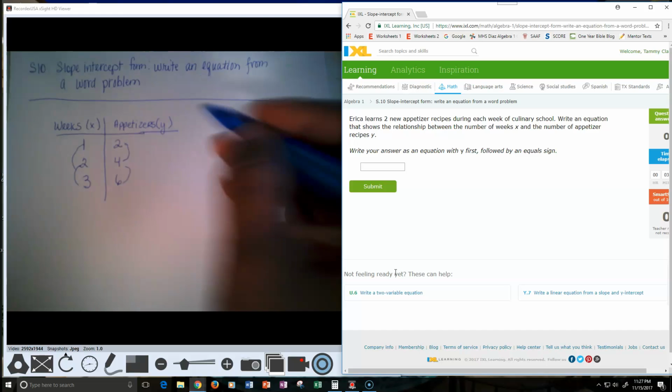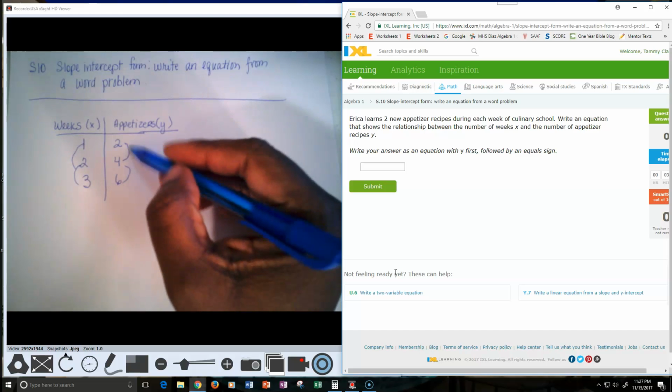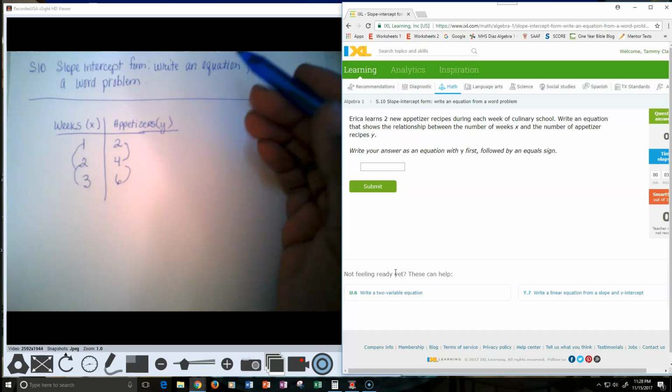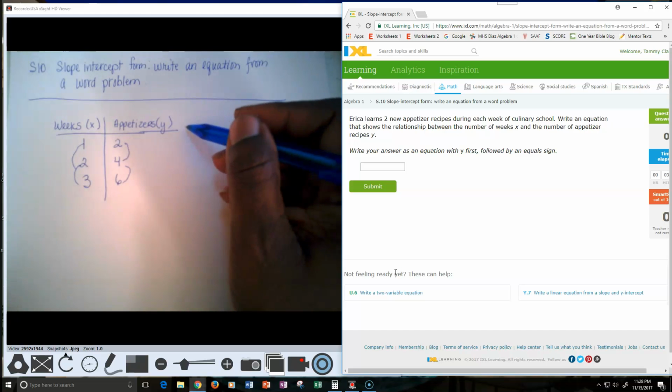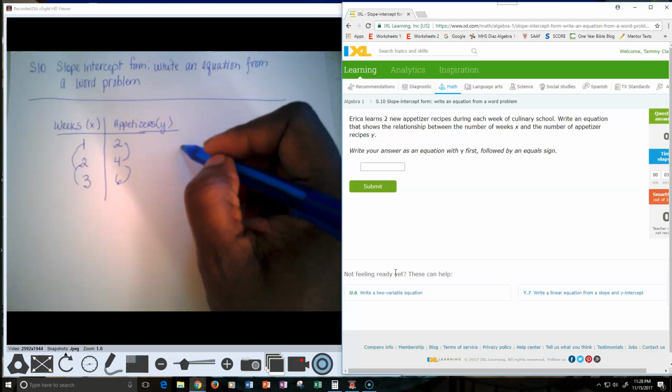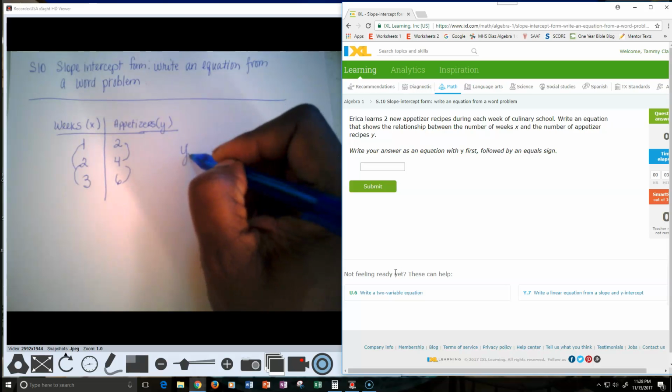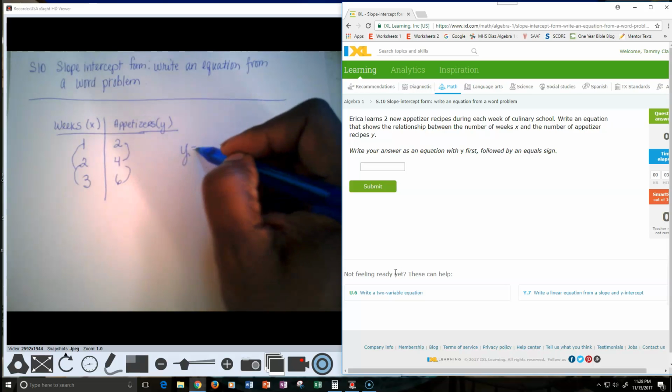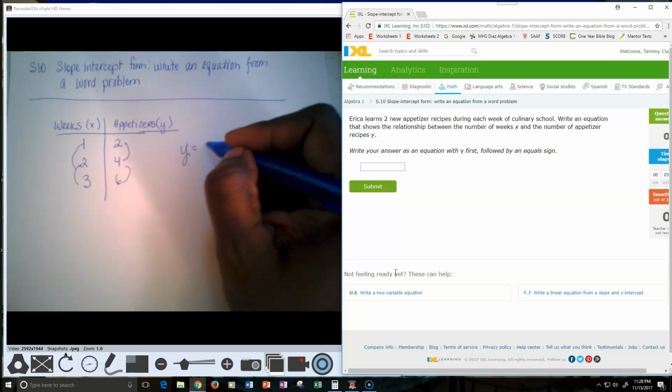So if we write an equation showing the relationship between how much the appetizers change versus how many weeks she's in school, we would say the total number of appetizers that she learns to make is related to the number of weeks that she's in school.